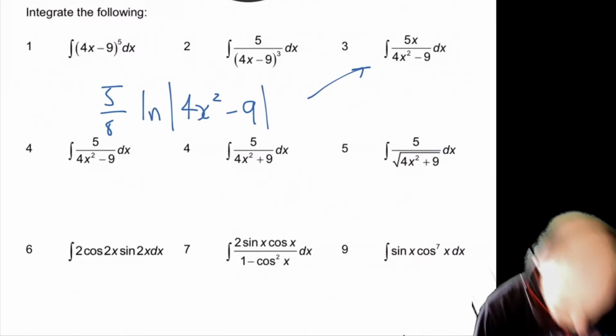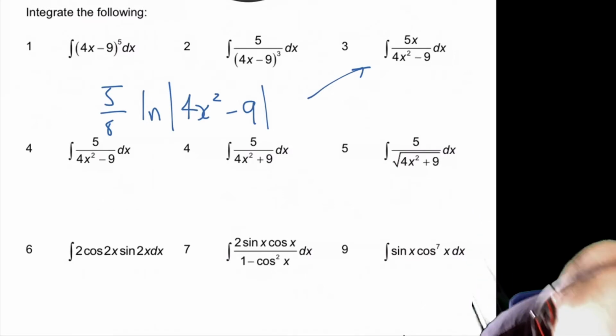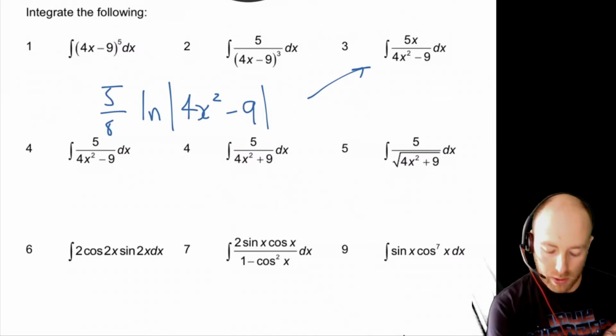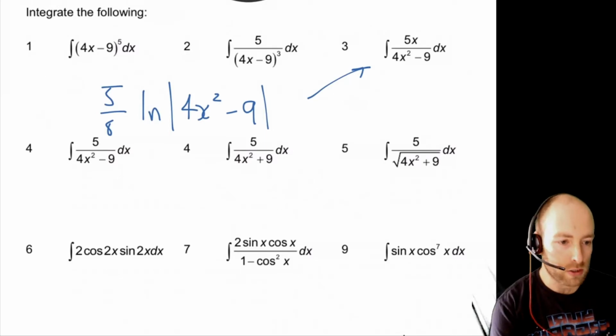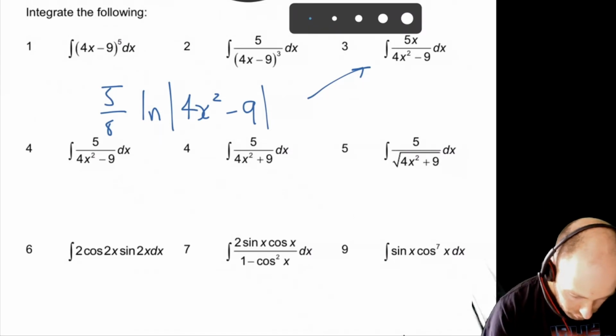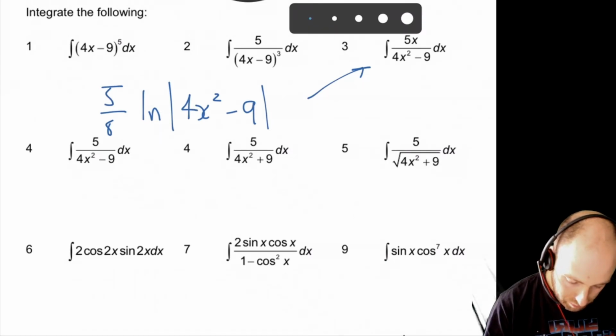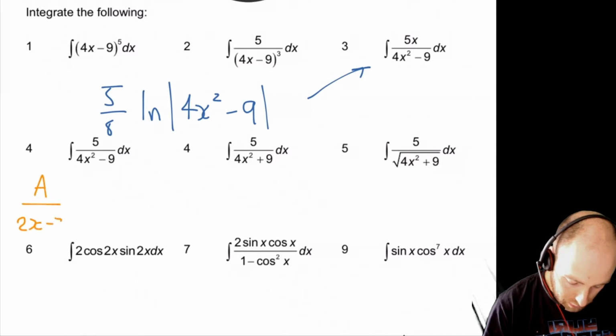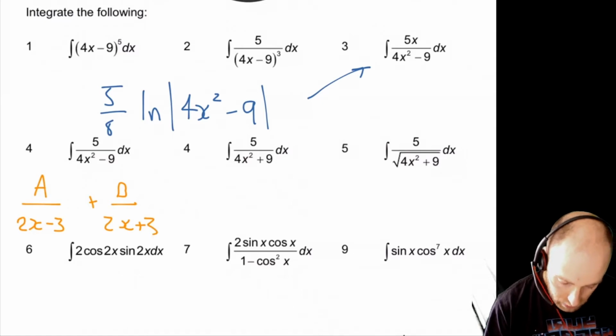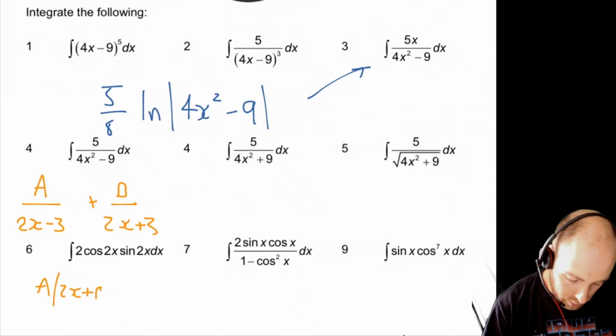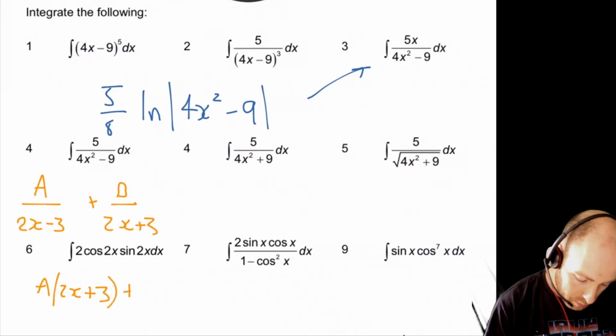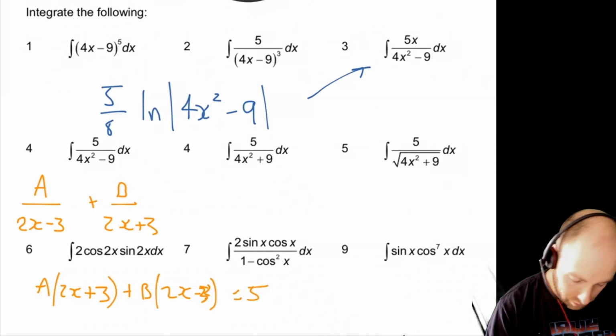Question 4 looks similar to question 3, but we've lost the x. So this time we do need to use partial fractions on this one. We're going to say it's A over (2x - 3) plus B over (2x + 3). So we get A(2x + 3) plus B(2x - 3) equals 5.